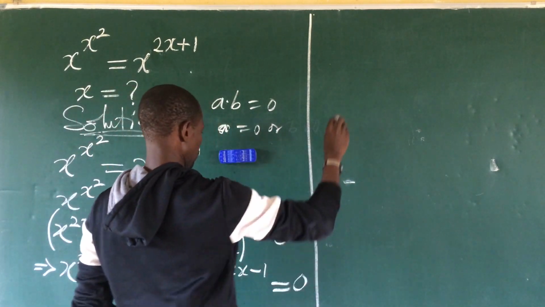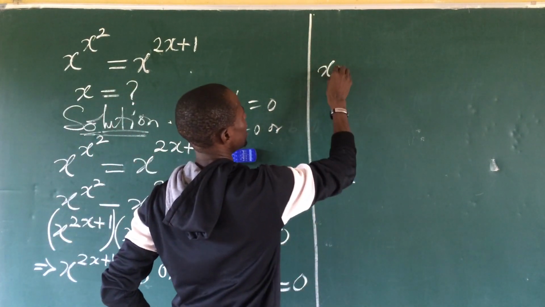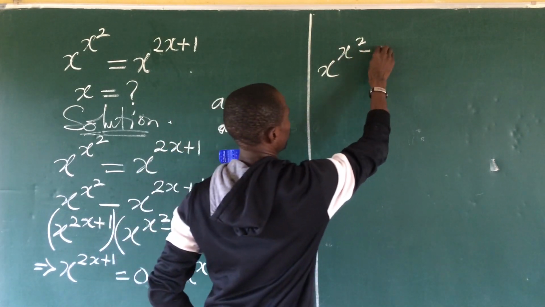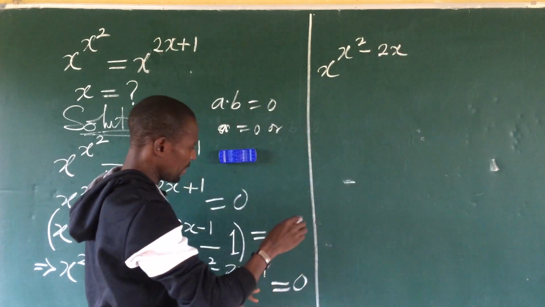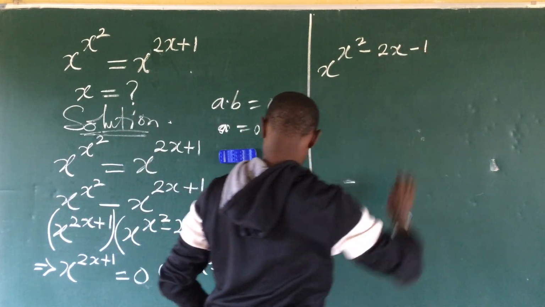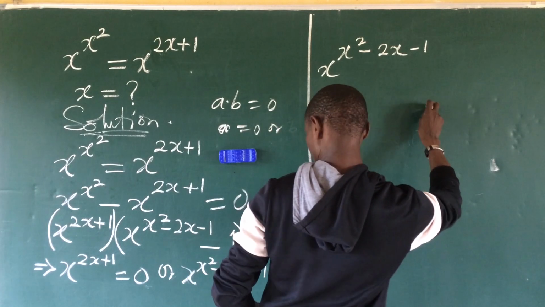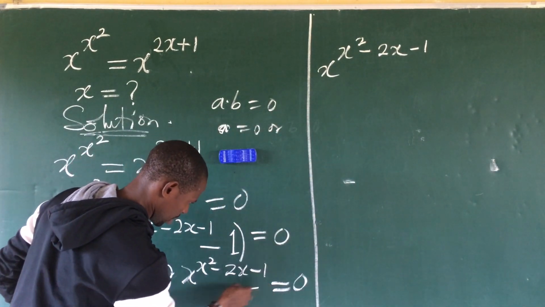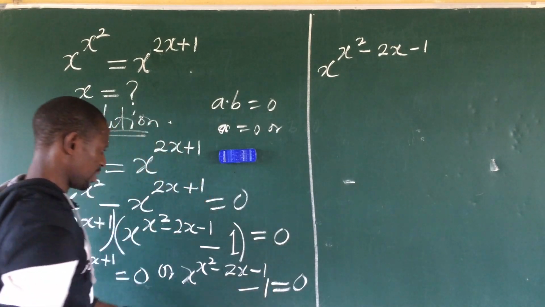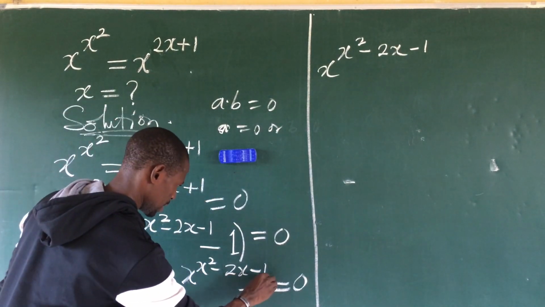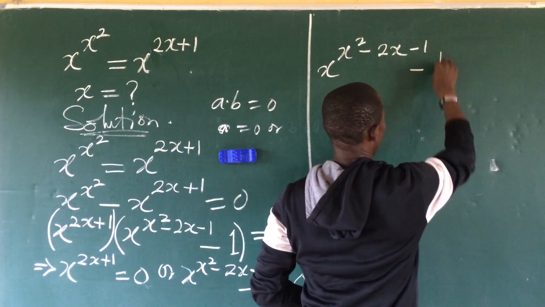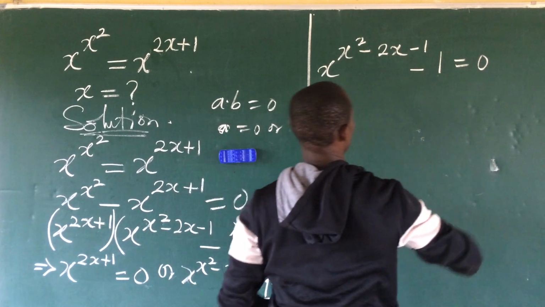Case 2 here is x to the power of x squared minus 2x, then minus 1. Oh, please pardon me, here we have our minus 1 here. So here, minus 1 equal to 0.